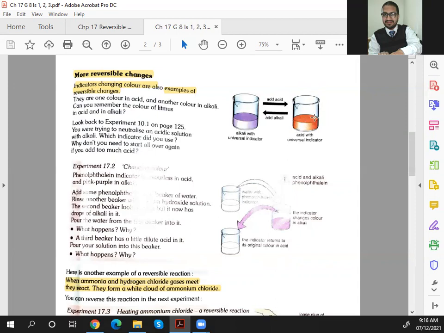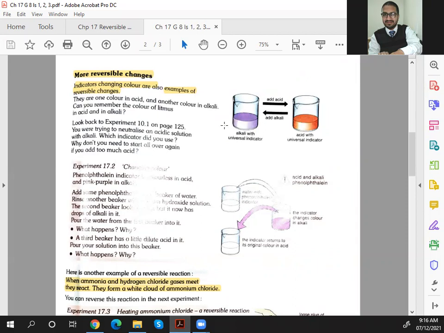Now, after adding universal indicator, when you add alkali, it will again go back to its previous color. What does it mean? So this is a simple type of reversible reaction. Understand? Whatever we get from reactant to product, and then we go back from product to reactants.